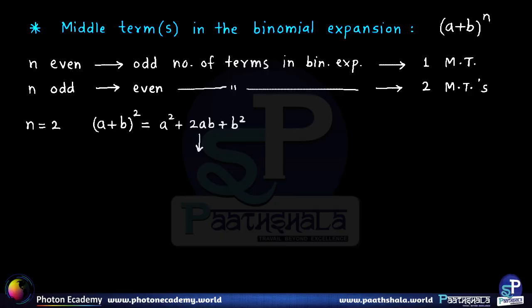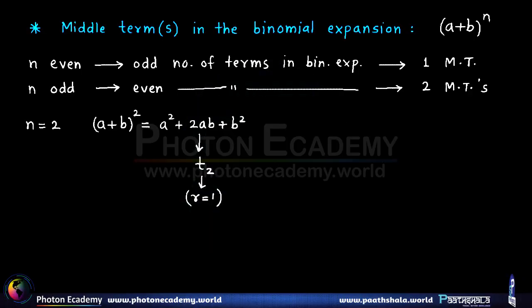So the second term is nothing but the central term here, and we know that T2 means r equal to 1 in the formula of the general term. So if we write n and the value of r for the middle term, when n is 2, we have r equal to 1.